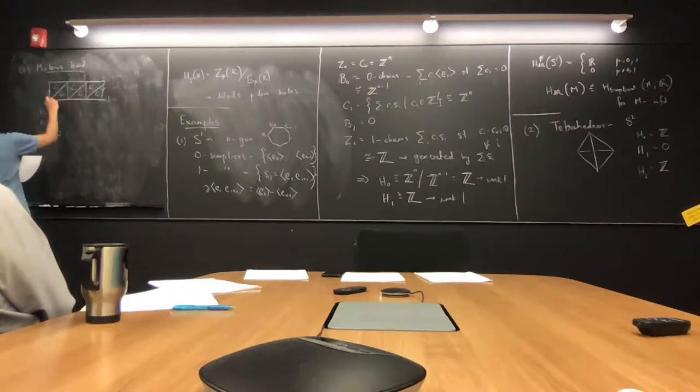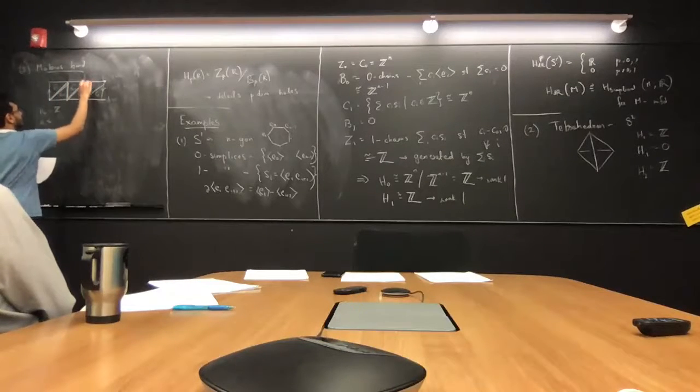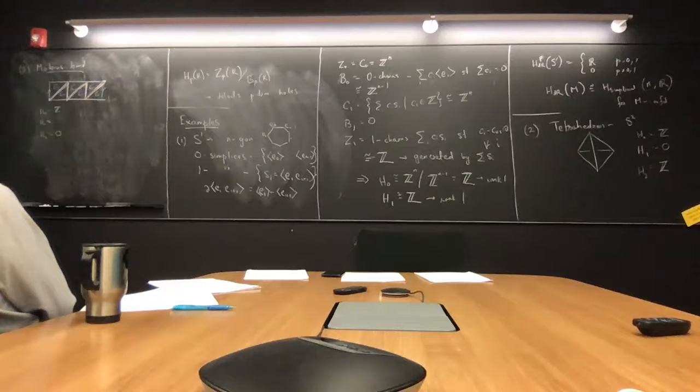But because this end is identified with this end, you can consider this loop, or just take the one on the top. This cannot be contracted down to a point while staying within the Mobius band, so it cannot be the boundary of any two simplex. So this is going to be Z as well, the same generator as this.